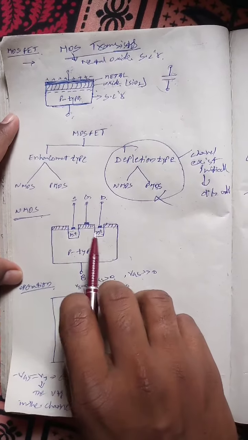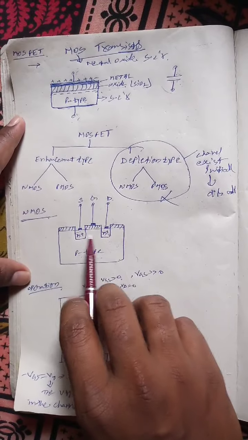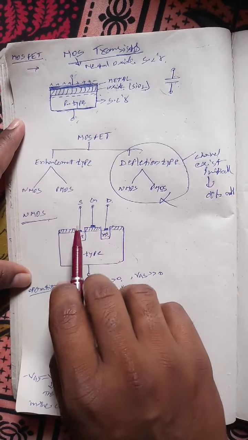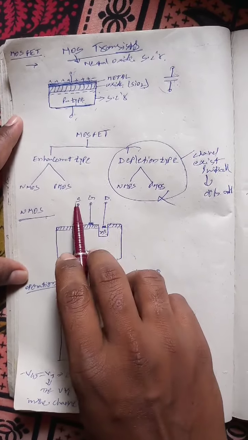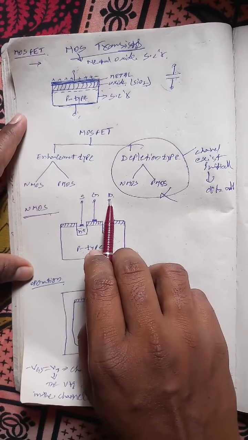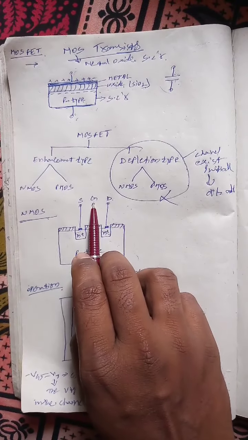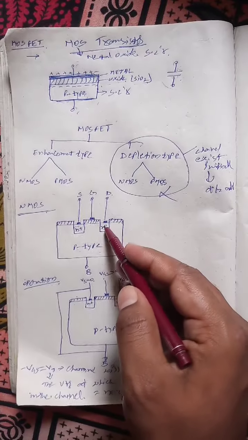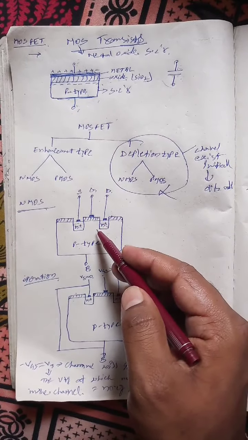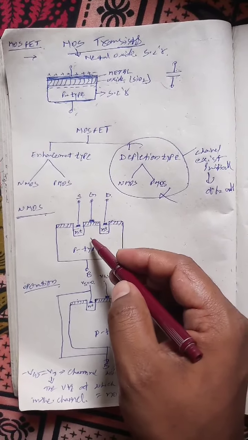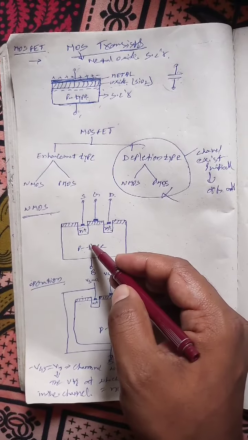By using these two N substrates, the two terminals are formed. One is called the source, and another is called the drain. The remaining part is the gate. So for this MOS device, MOS transistor or MOSFET, we will have four terminals in total.